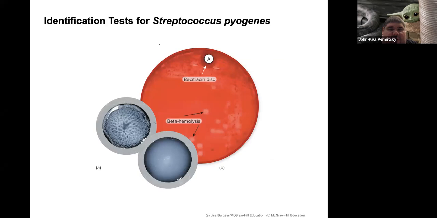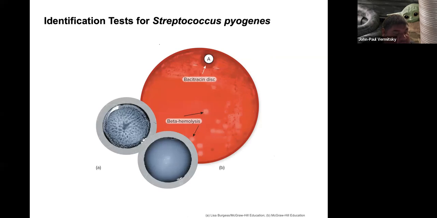And here we have an identification test for Strep pyogenes. What you're looking at here in A is a rapid direct test kit for the diagnosis of group A infections. With this method, you take, say, a swab of the patient's throat and mix it with some latex beads that have monoclonal antibodies.